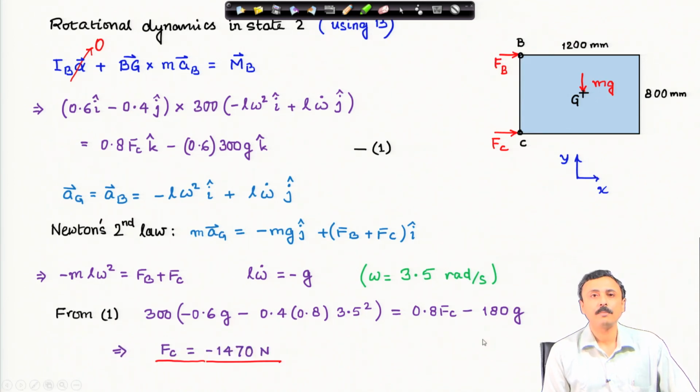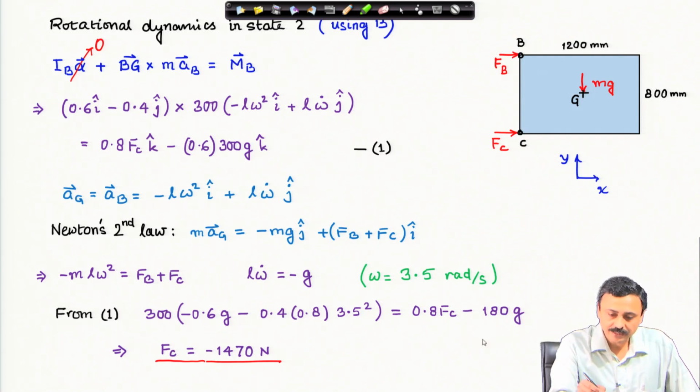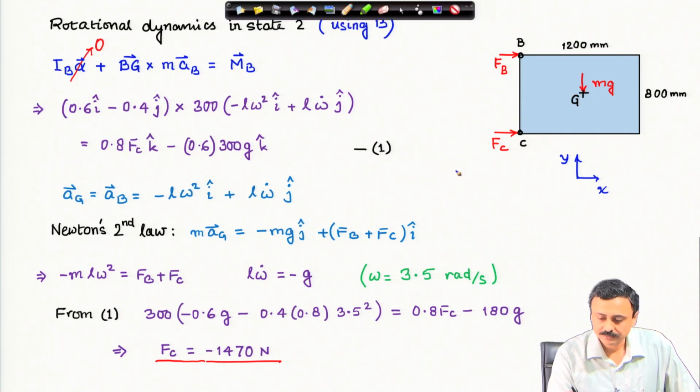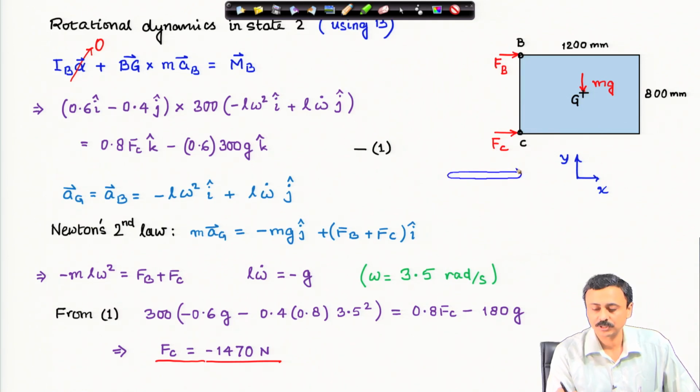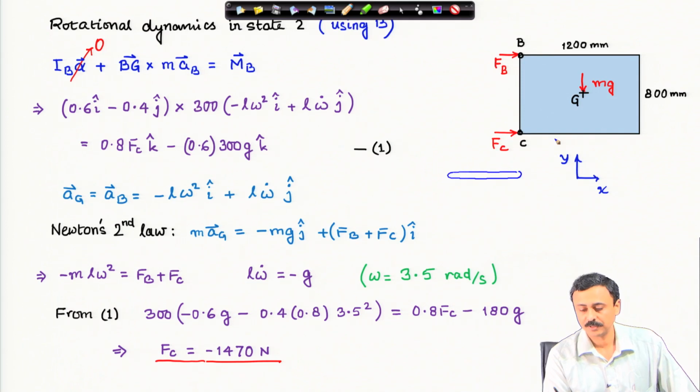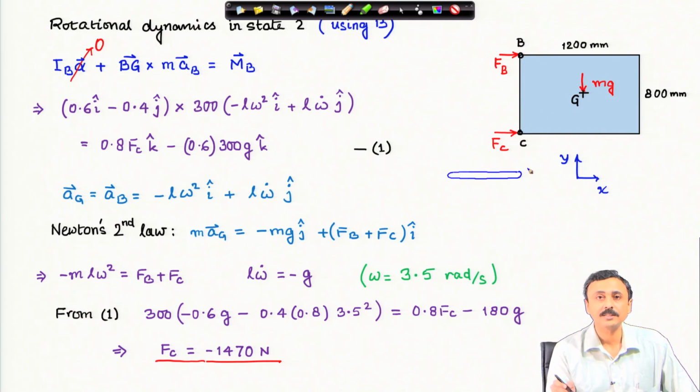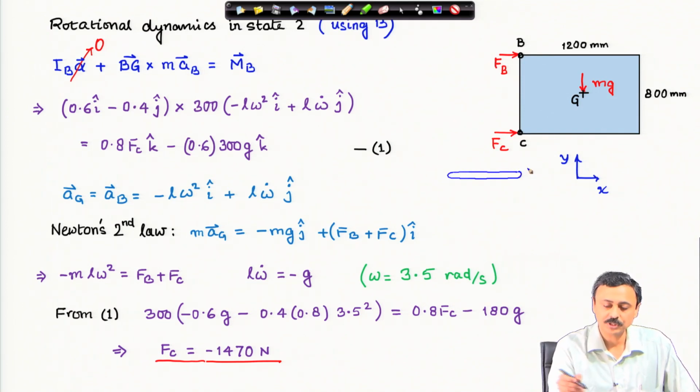F c turns out to be minus 1470 Newton. Now, this negative sign indicates that the way I have taken the force F c in the positive x direction, that is incorrect, it is actually in the opposite direction.